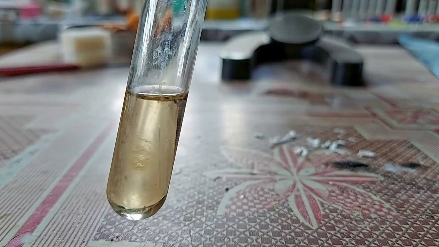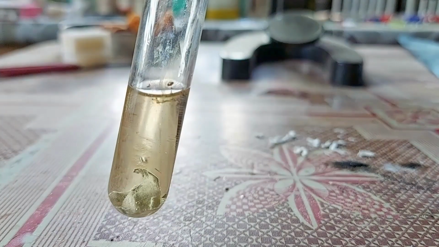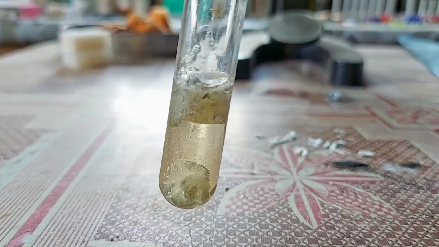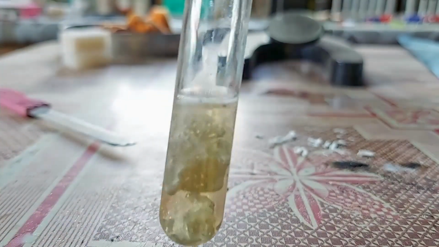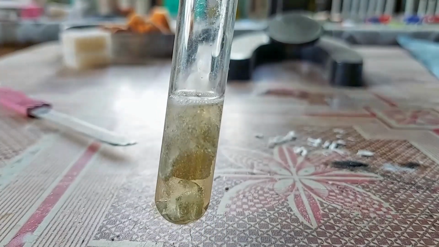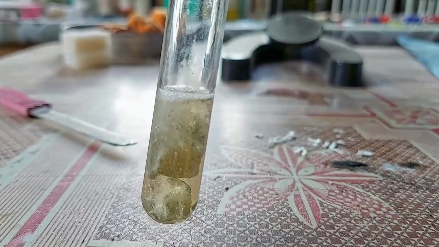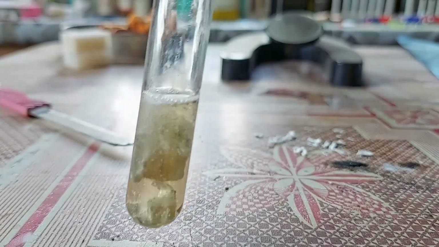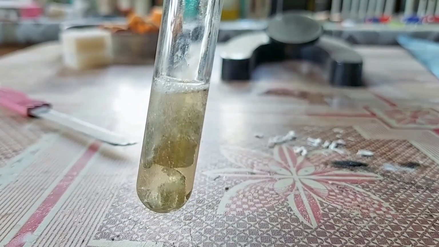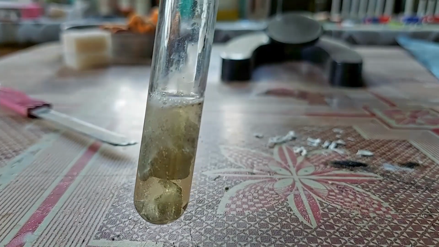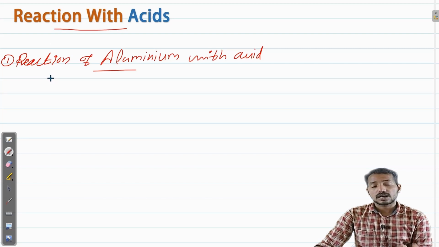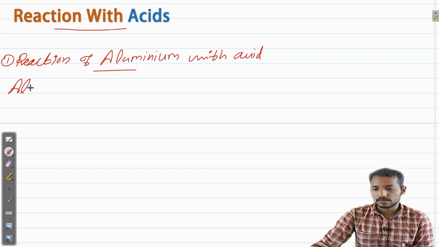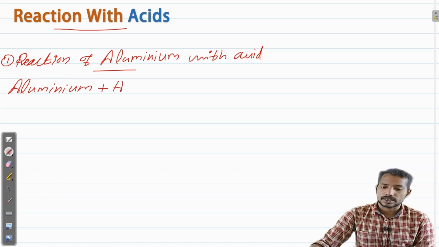Now I am going to put some metal pieces into this acid. This is aluminium. It reacts with acid and forms some bubbles. You can see them in the test tube. And these bubbles are actually hydrogen gas. We are discussing the reaction of aluminium with hydrochloric acid.